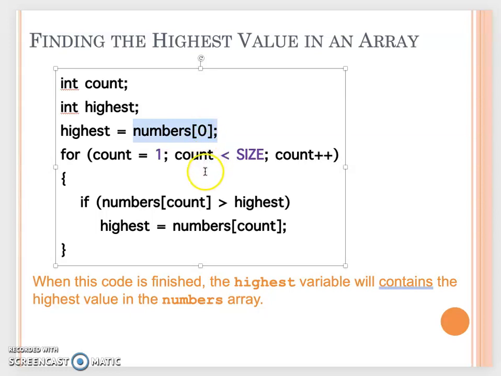So after the for loop starts, we continue using the rest of the elements to compare to the highest value. Since we assume index 0 is the highest one, in the for loop after I read the next element, if the next element value is greater than the current highest, then I know this one is bigger.